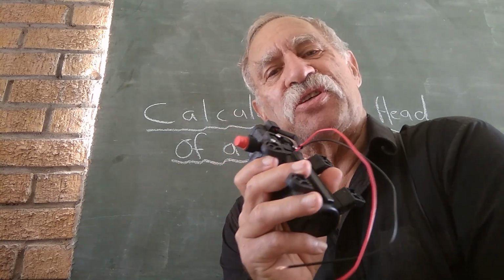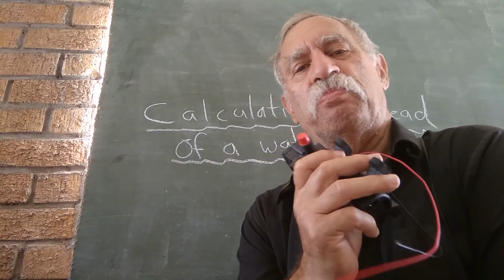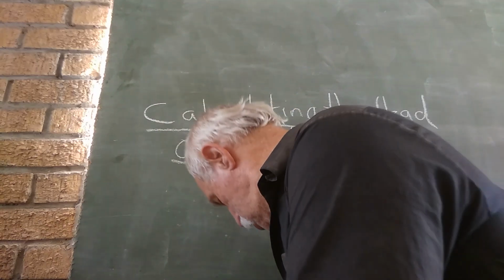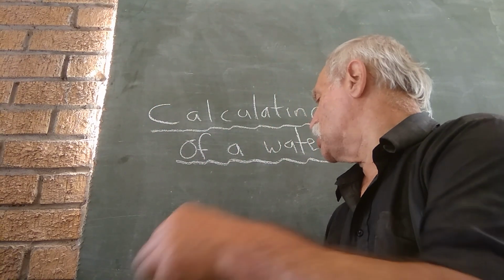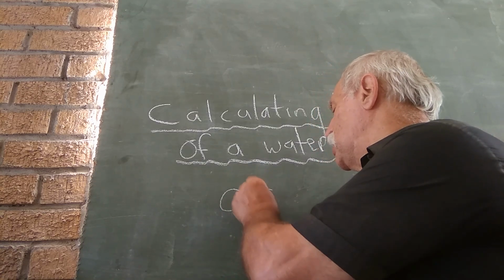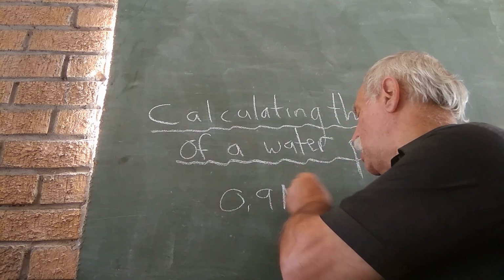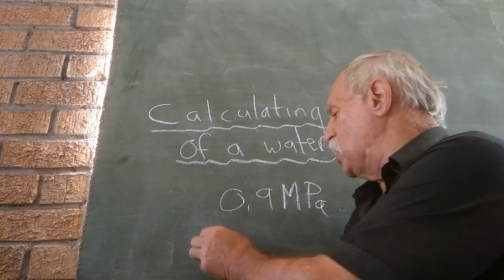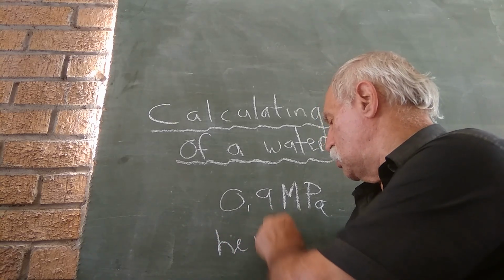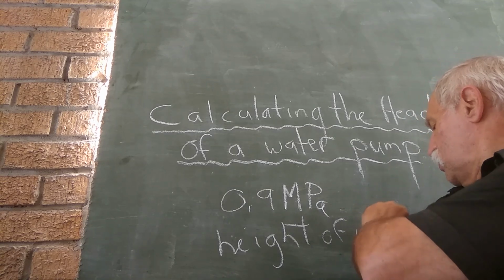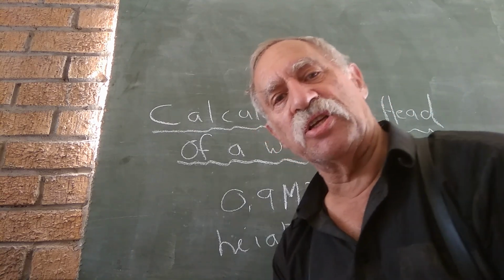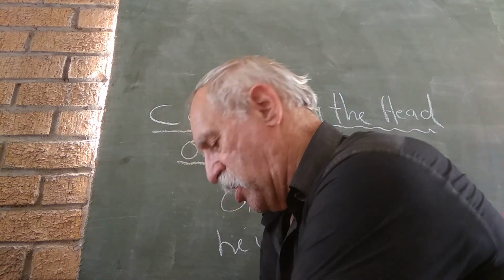So what I thought is, let's first of all convert that 0.9 MPa, 0.9 megapascals, to a height of water. And I thought, let's let ChatGPT do that.